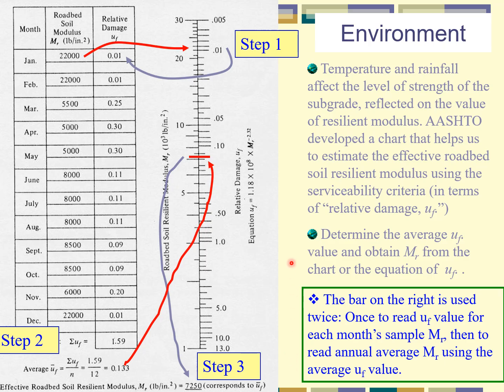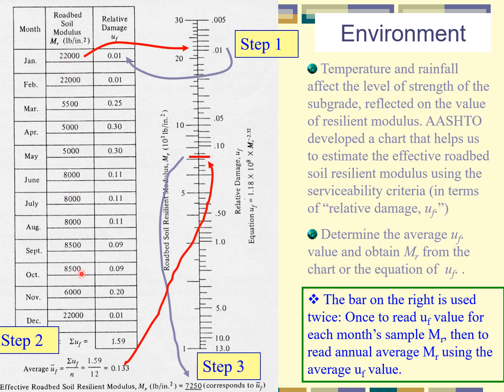Okay, I will explain this. If you have this data with you, the roadbed soil modulus M sub R for the different months, January, February, March, April, May, June, July, August, September, October, November, December, the values have been accommodated over here.